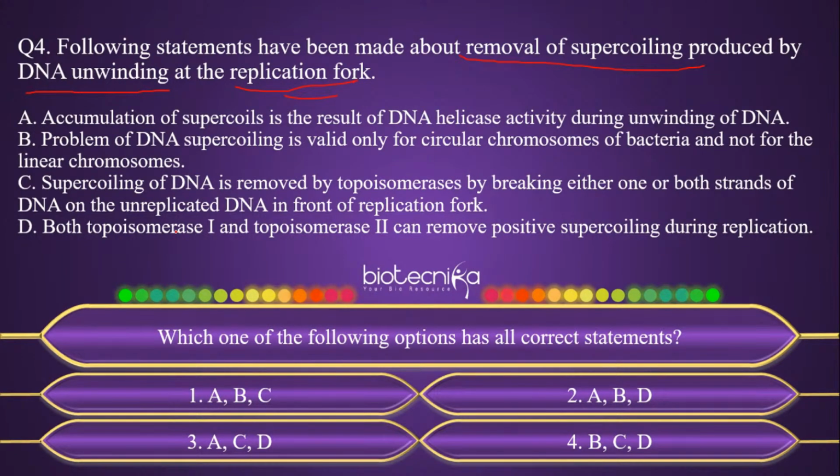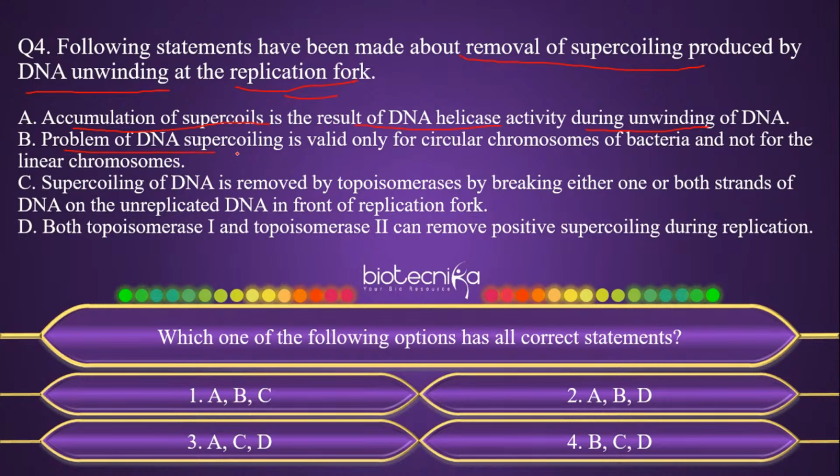Yes, Antara, exactly. You can also remember that as well. Sugar pucker, yes. So what are the options over here? Accumulation of supercoils is the result of DNA helicase activity during unwinding of DNA.